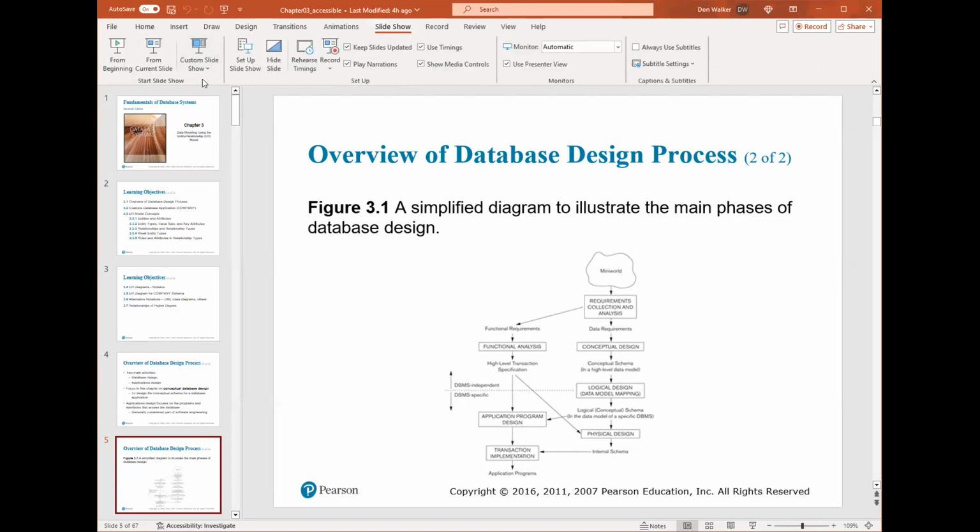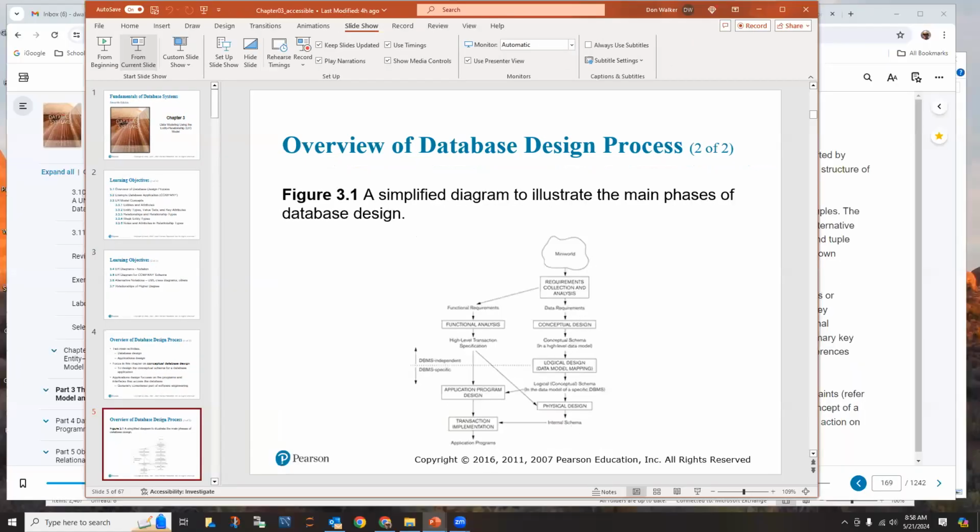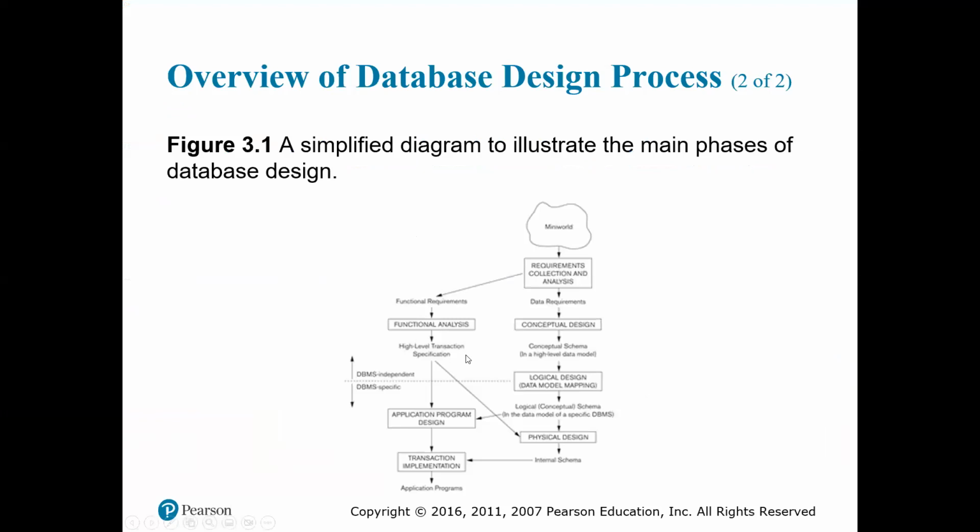Slideshow from current. So this shows the phases of database design. You start with the mini world, the overarching problem domain, and then you immediately go down into a requirements analysis.